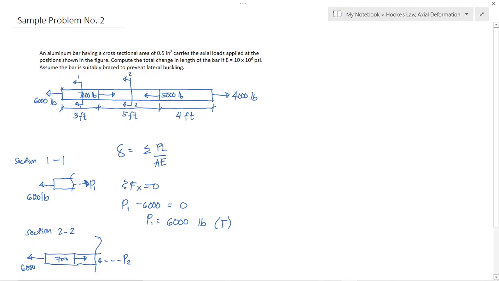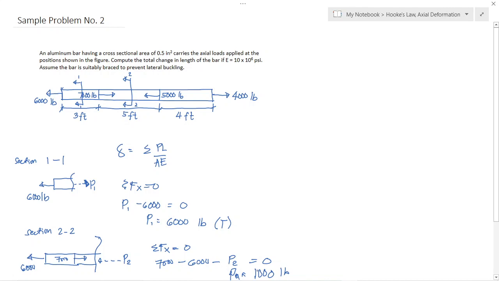Kasi may to the right ka ng 7,000, may 6,000 ka lang na to the left. So, obviously, P2, makikita mo na kaagad yung magnitude niya. But, showing the step-by-step solution, summation of forces along x equal to 0, we have 7,000 less 6,000 less P sub 2 is equivalent to 0. Now, P sub 2 is equivalent to 1,000.